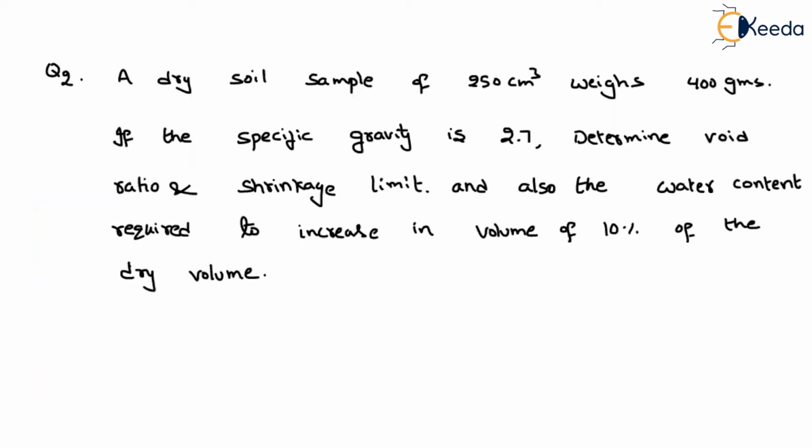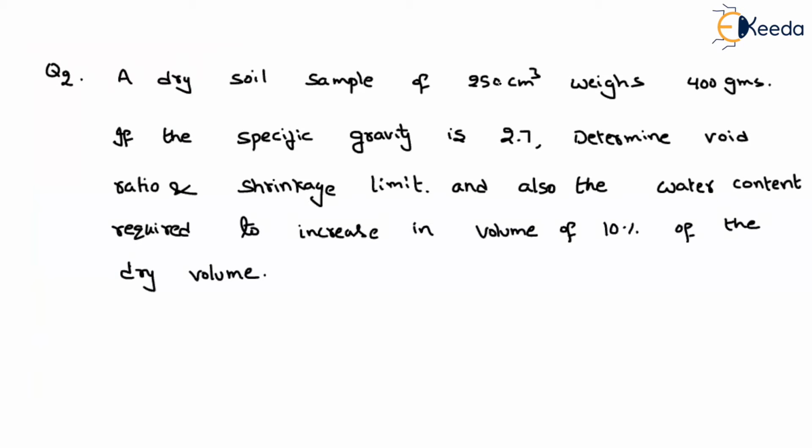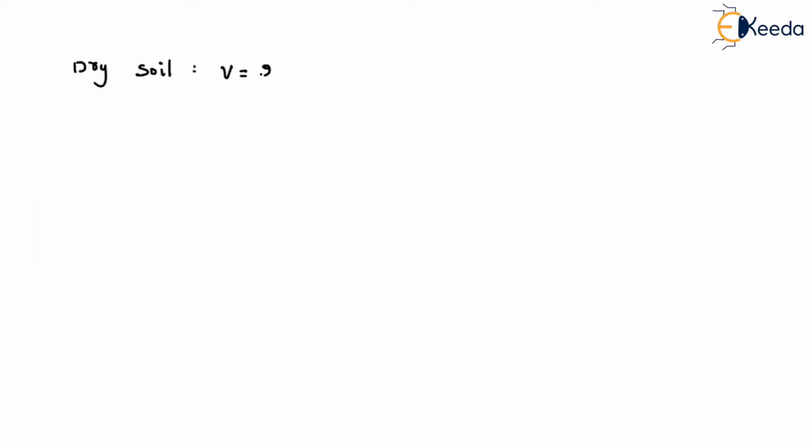So let us write down the given data. They mentioned that it is a dry soil. Dry soil means the soil consists of only solid particles and air. What is the volume they have given? We have to consider the total volume, 250 centimeter cube, so let me write it as 250 cc.